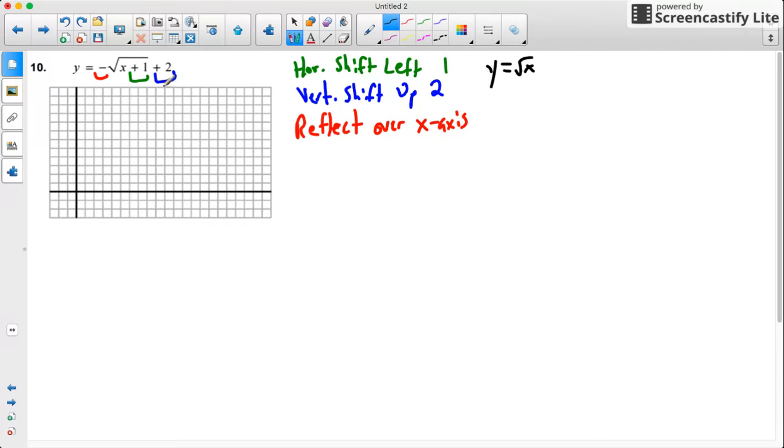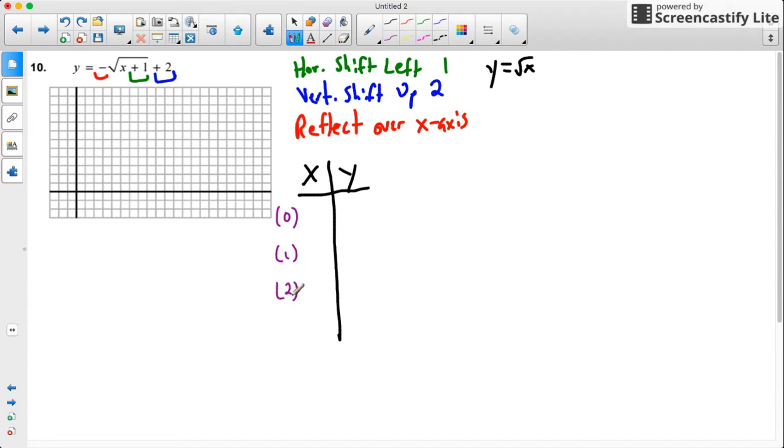So let's get started by picking some x values to graph this thing. We're going to set up a table here of xy values. And I'm going to want to pick those good numbers that we've called them for my x values. And just a reminder, our good values or good numbers are the things that are going to make perfect squares underneath my radical.